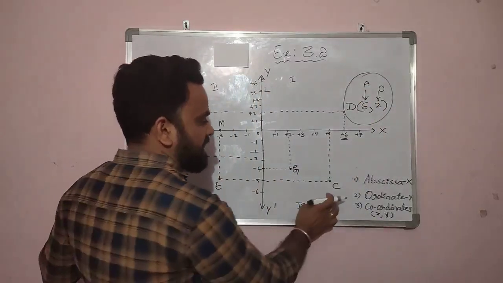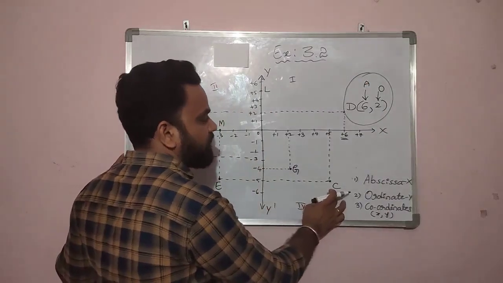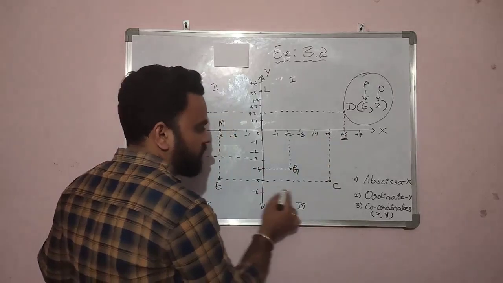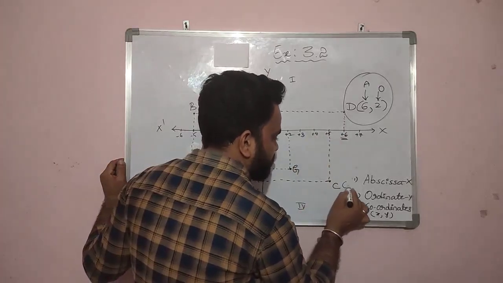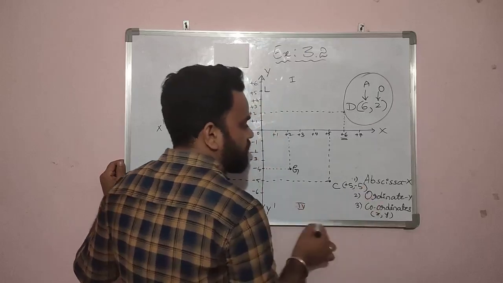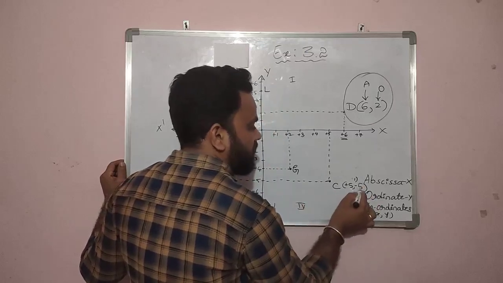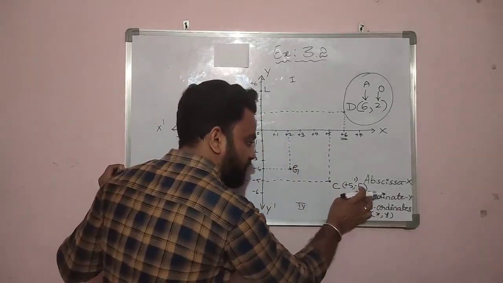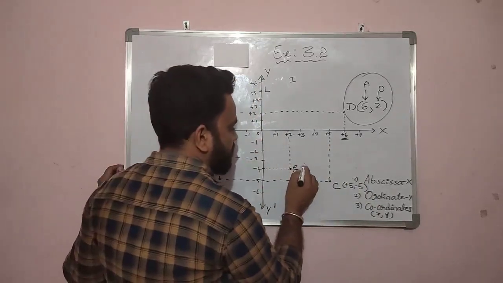Second point I will take C. Can you guess what is the x coordinate? For C, x coordinate is plus 5. Y is minus 5. So the coordinates of C are plus 5 comma minus 5. Plus 5 will be abscissa, minus 5 will be ordinate. For G, what are the coordinates of G?